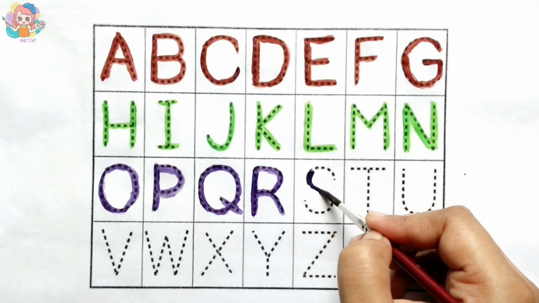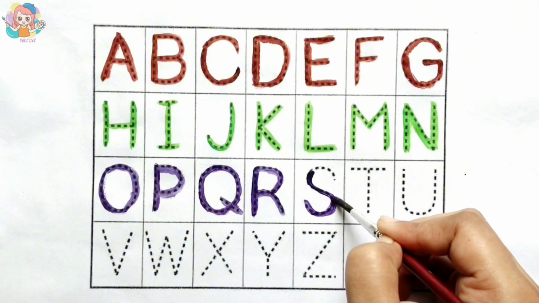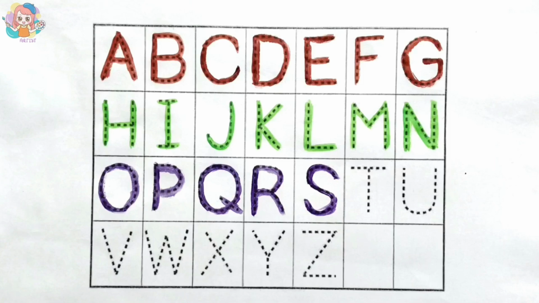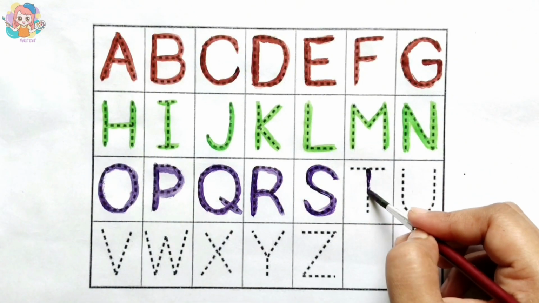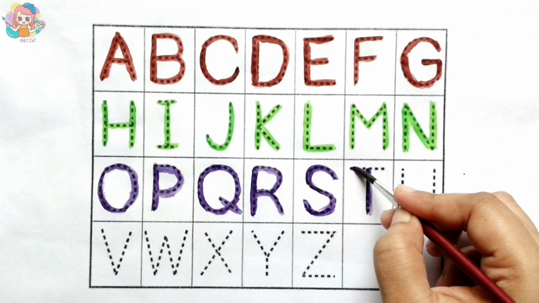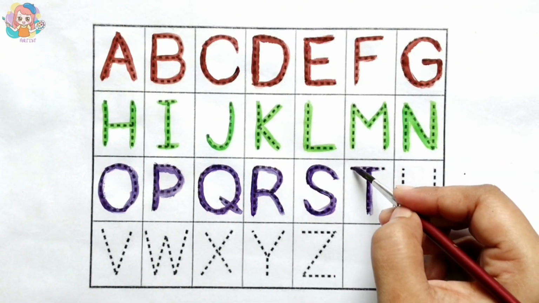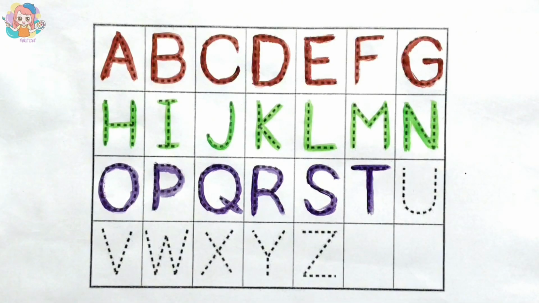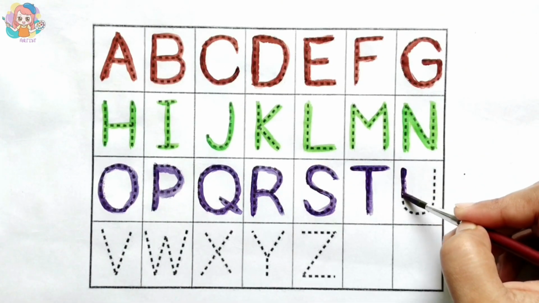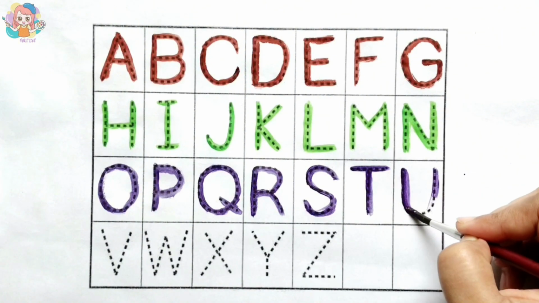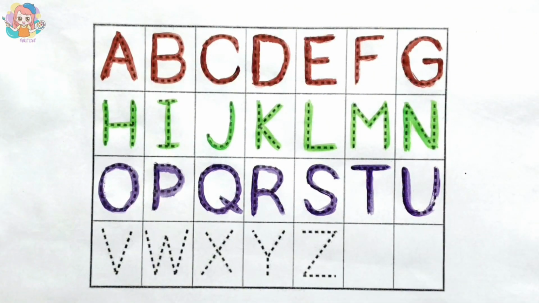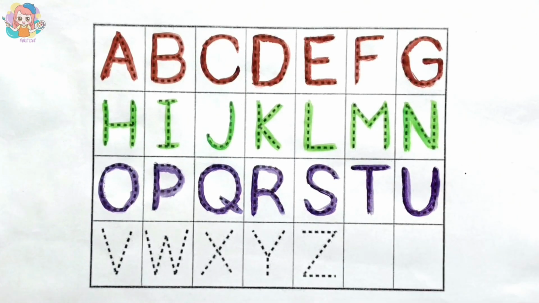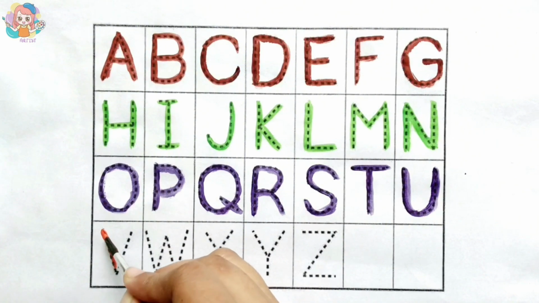S for snow. T for tiger. U for unicorn. Orange color.